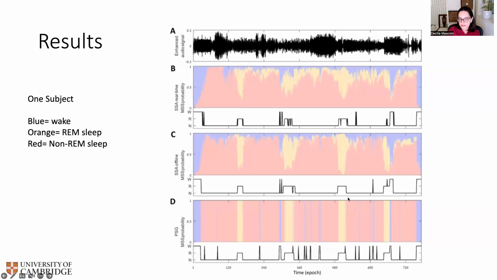So D is the ground truth. This is collected with the polysomnography, so with all those wires. And blue here is when the user is awake. And so you can see the correspondence between C and D, which is quite well matched. Perhaps, one might say quite clearly, that these blue lines are not very well detected by this.